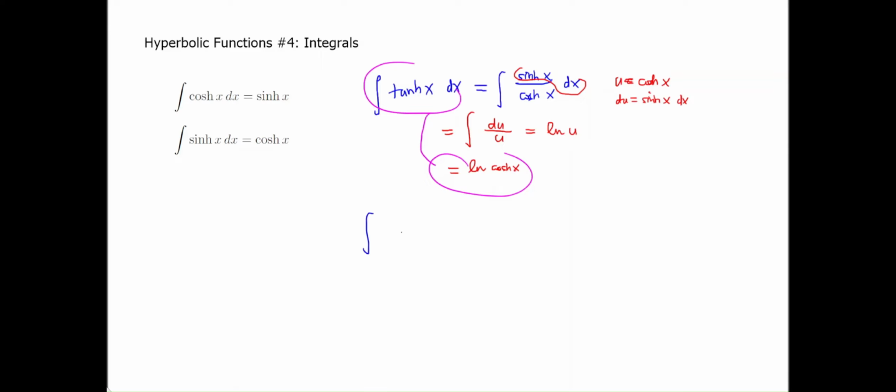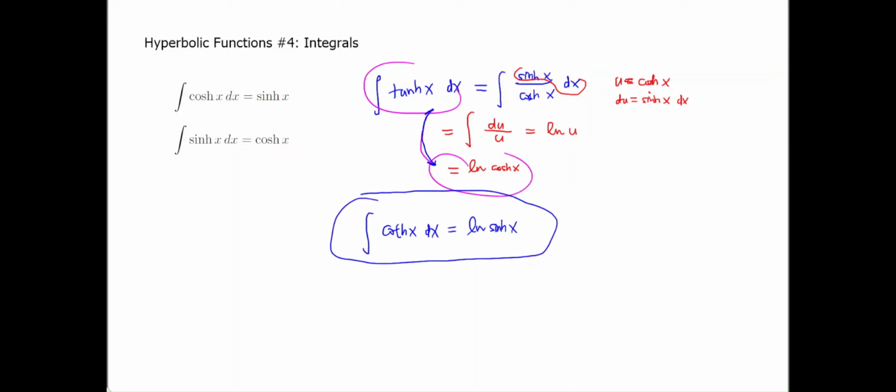Now if we do the same thing for the hyperbolic cotangent function, we're going to get something very similar. I'll tell you what, if you buy this one, then I think you are going to believe this one as well.